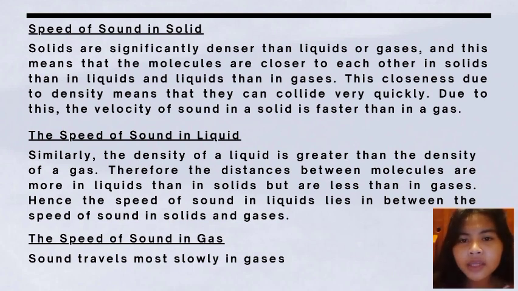What will be its behavior if it travels through a solid, a liquid, and a gas? This basically talks about speed, so how fast the sound wave travels depending on the medium that it travels through.